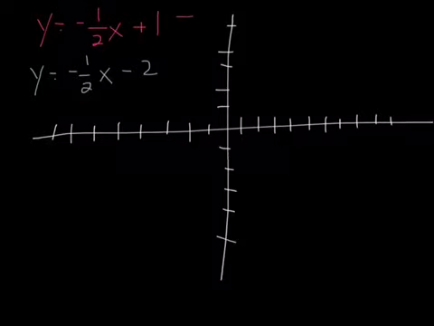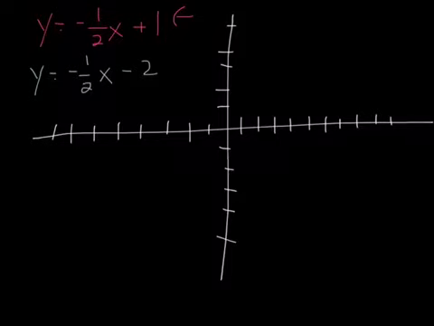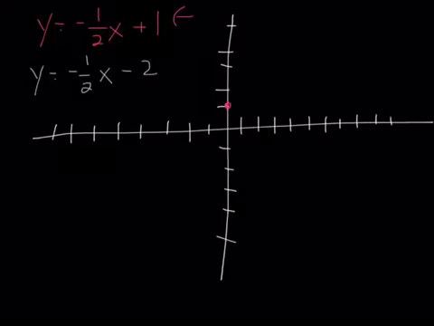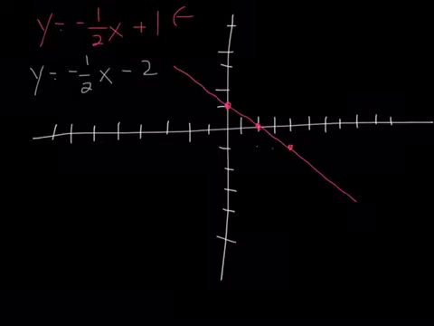Starting with negative 1/2 x plus 1, let's graph using our slope-intercept form. We're going to start at the y-intercept of 1 and count my slope. It's negative, so I'm going to count down 1 and right 2. Let's get another point here. Down 1, right 2. Make our line.